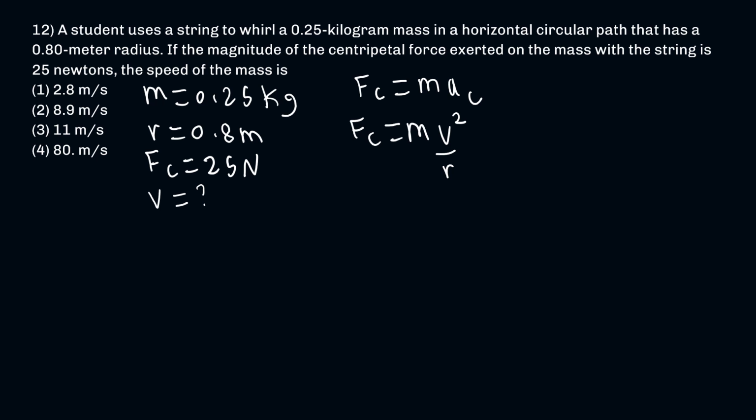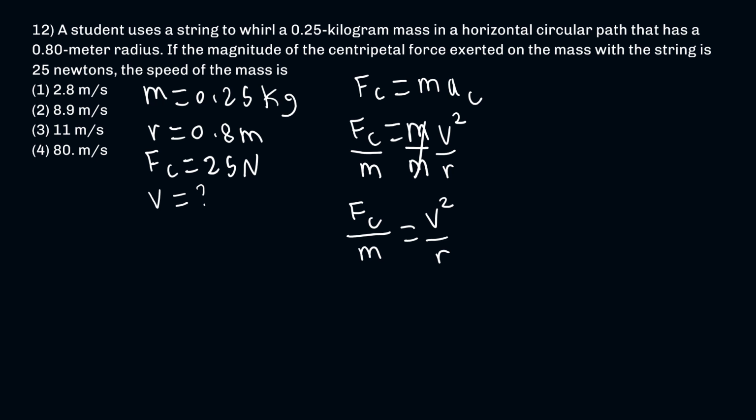So the first thing I'm going to do here is see that v squared over r is being multiplied by m. That means to move it over to the other side because I want v by itself is just divide out m from both sides. So dividing this out, cancel this out. I have the centripetal force over the mass is then equal to v squared over r.